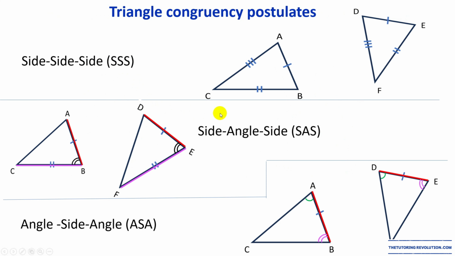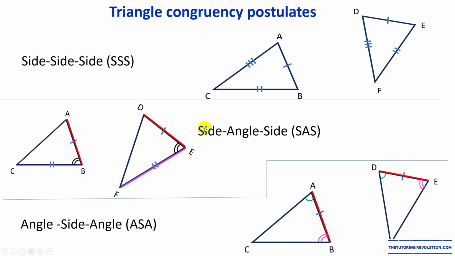Now, in this slide here, we summarize all three congruency postulates we have seen so far for triangles. The first one is SSS, which says that if two triangles share the same three sides, right? Here we see that this one has three sides that are congruent to these three sides, then the two triangles are congruent.